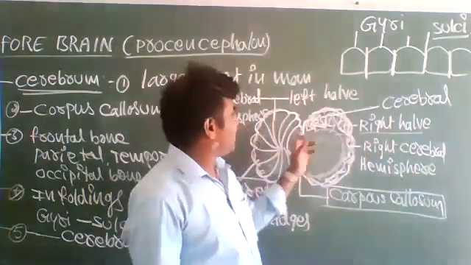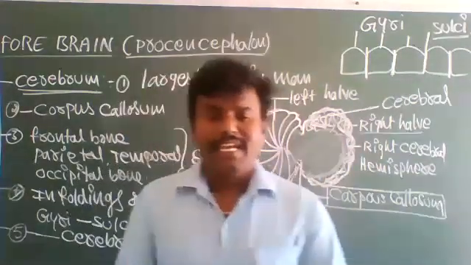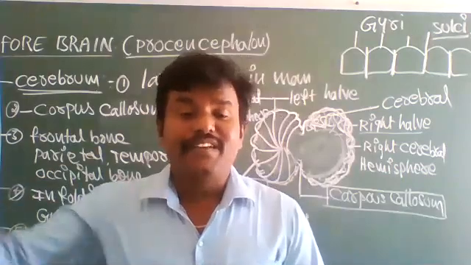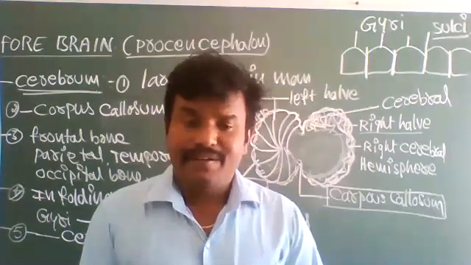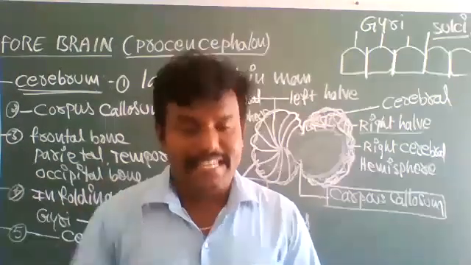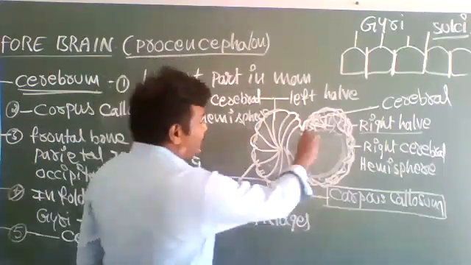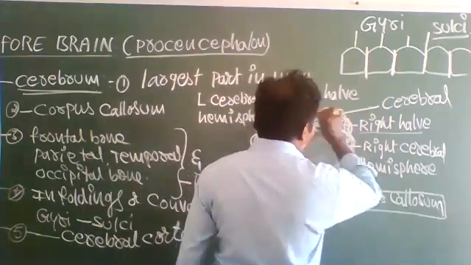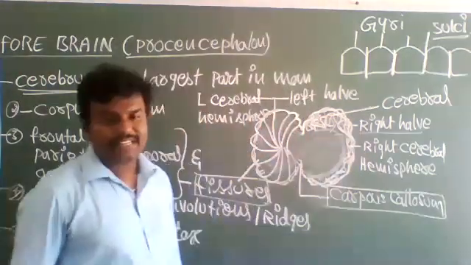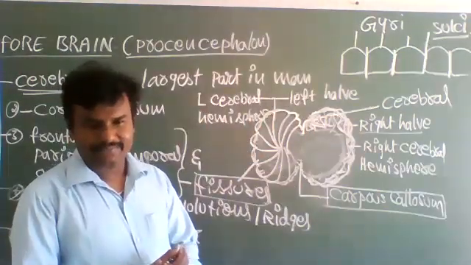So the cerebral cortex consists of various kinds of activity areas.